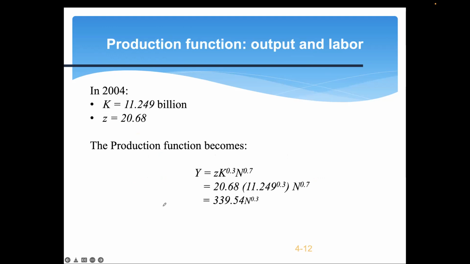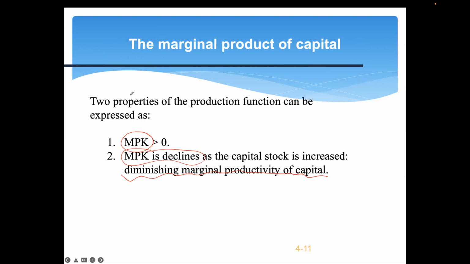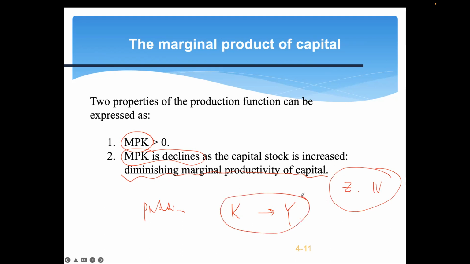So now let's look at this example again. To summarize, here we just look at the production function through the lens of K and Y. And we just take Z and N as given. Now we have seen how Y is going to change with K, and we have derived a few properties.